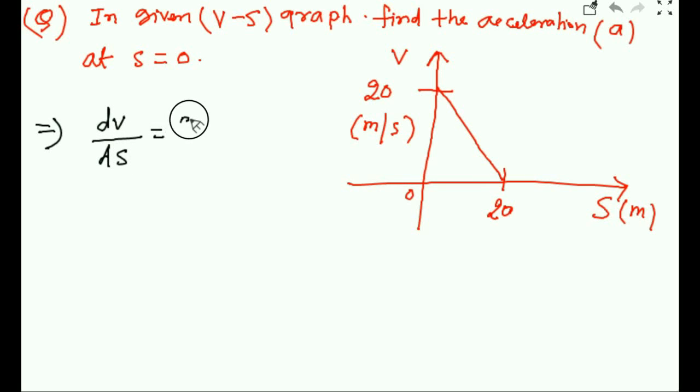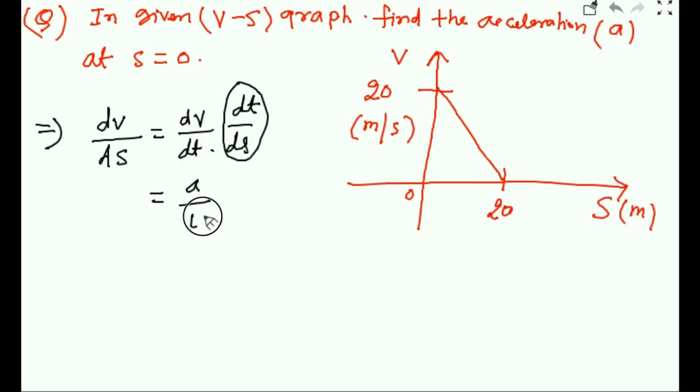You can write dv by dt and multiply and divide by dt. So dv by dt, you know this is the acceleration, and ds by dt will be the velocity. So slope in velocity displacement graph always gives the ratio of acceleration and velocity. That is an important point here.